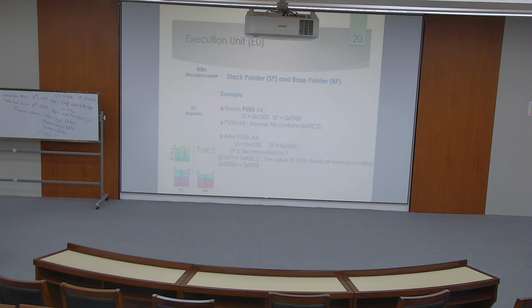The offset in our case is the stack pointer, which has been updated because of the push instruction. With a push instruction, our SP needs to be updated by decrementing 2, but with a pop instruction, our SP needs to be updated by incrementing.